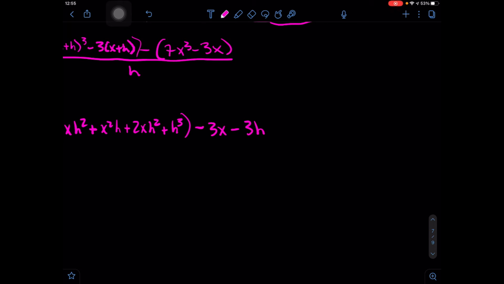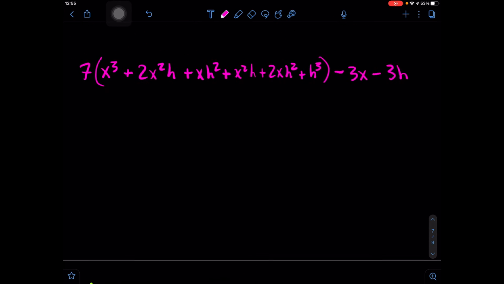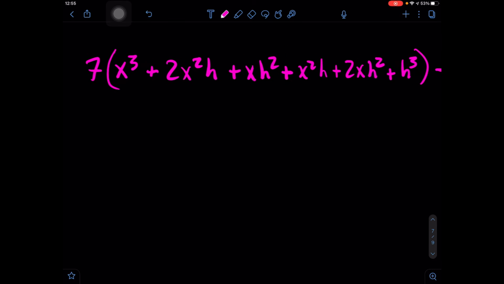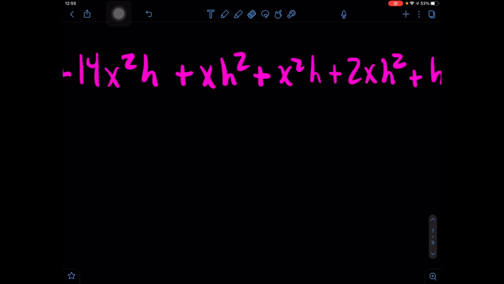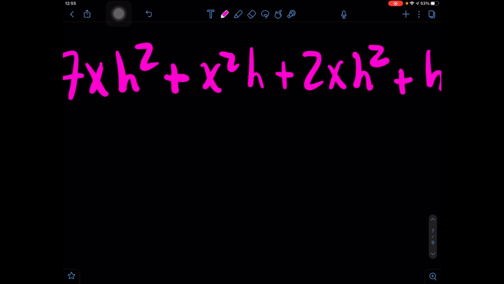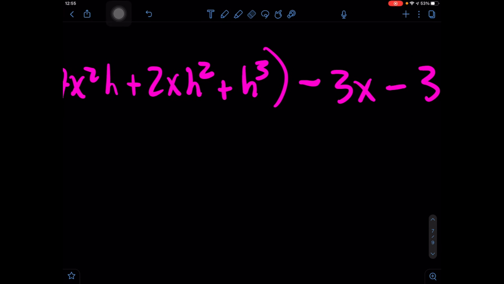So now, once we've done that, we can go ahead and multiply the 7 into each of these, which should be pretty simple. So x cubed will be 7x cubed, 2x squared h will be 14x squared h, xh squared will be 7xh squared. This again will add a 7.